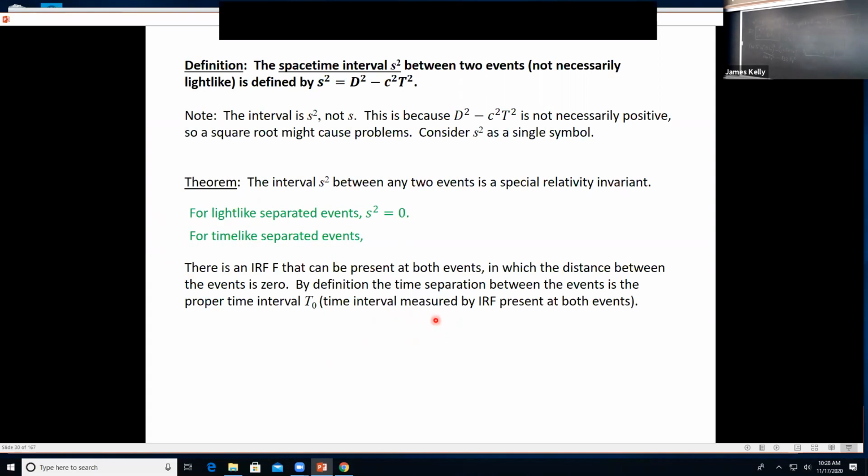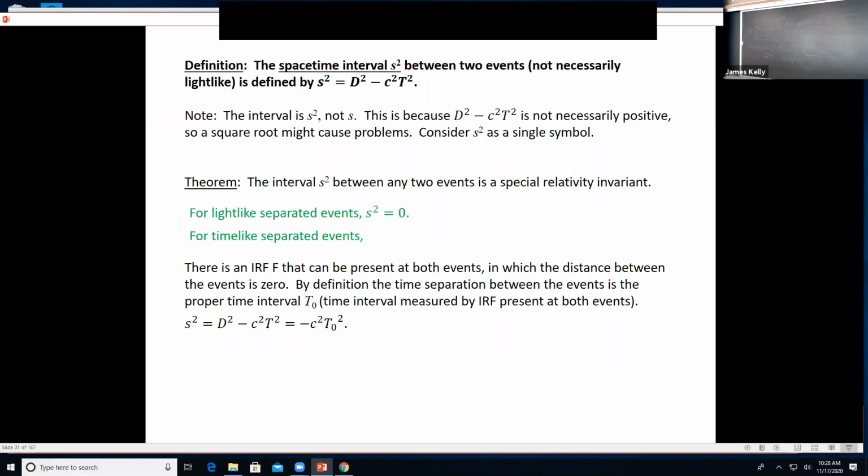And the time separation between them is what we define to be the proper time interval. The proper time interval was given the definition earlier on in the course as the time measured by someone who's present at both events. How long did it take, according to a person who traveled between the two events, just barely left the one and arrived just in time for the second one? What is the time that they measure on their own wristwatches?